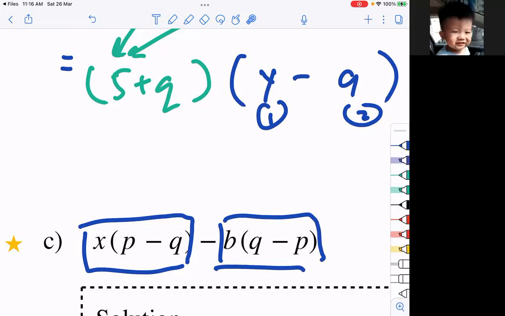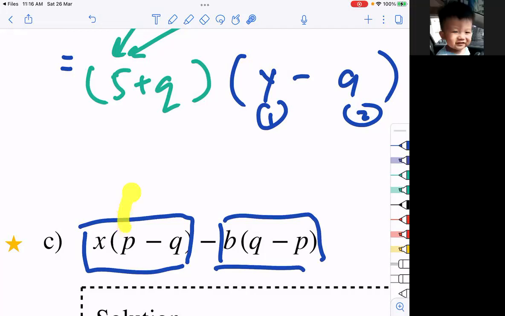Jenny, do you think it's the same? You can play it out in your head. You can pretend P is 20, Q is 5. If you take 5 plus Q, they both equal the same thing. But if you take P minus Q or Q minus P, they equal different things.